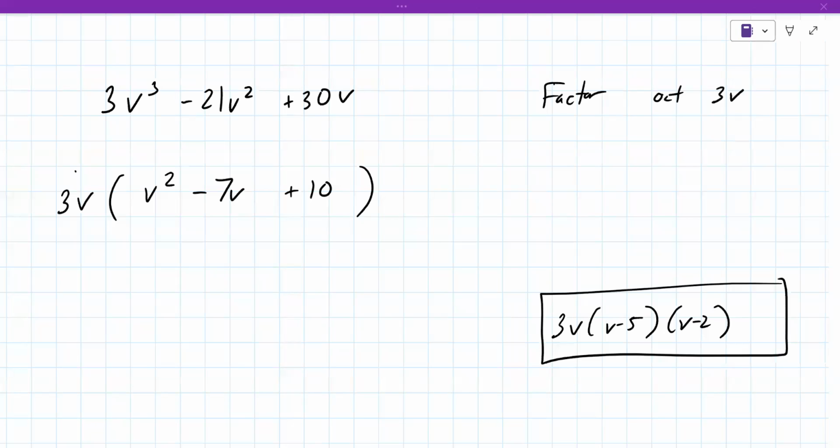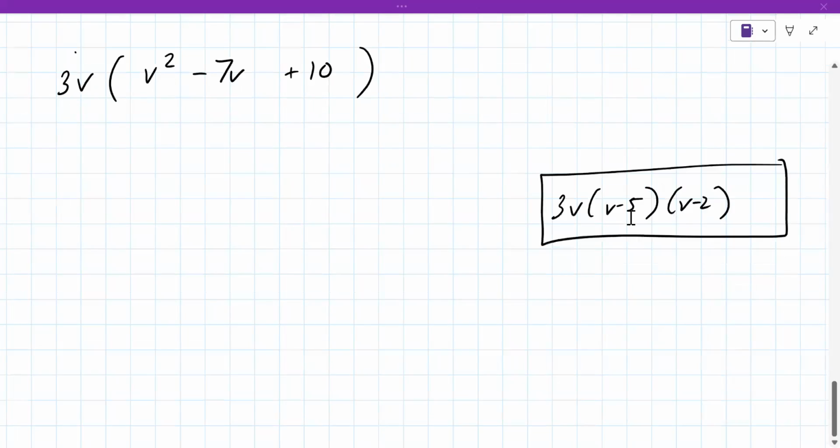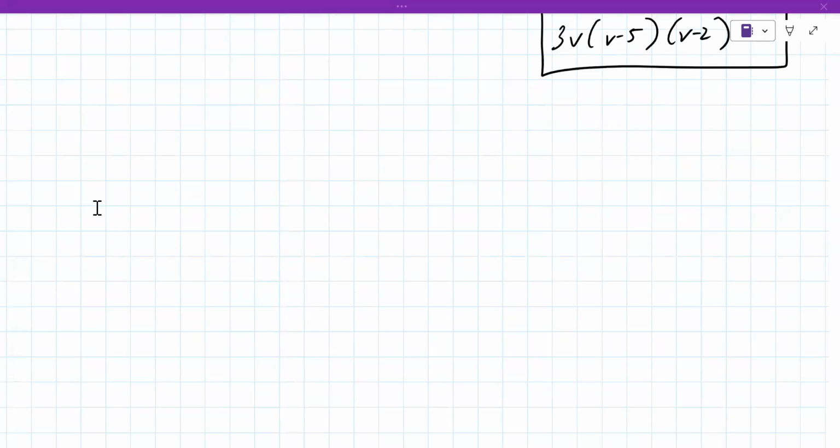So the next situation is sometimes you have to factor out a negative. What do I mean by that? Here's an example: negative 2b squared plus 12b minus 16.